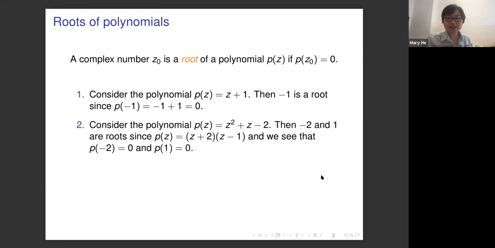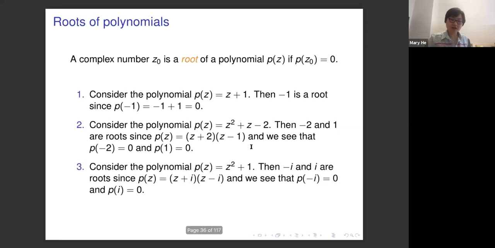So in this case, I claim -2 and 1 are the roots, because if we plug in p of -2, you can calculate that you get 4 minus 2 minus 2, so this equals 0. And if you plug in z equals 1, you get 1 plus 1 minus 2, which is also 0, right? So if we know how to factor polynomials, you can see the answer more easily. So the roots are -2 and 1.